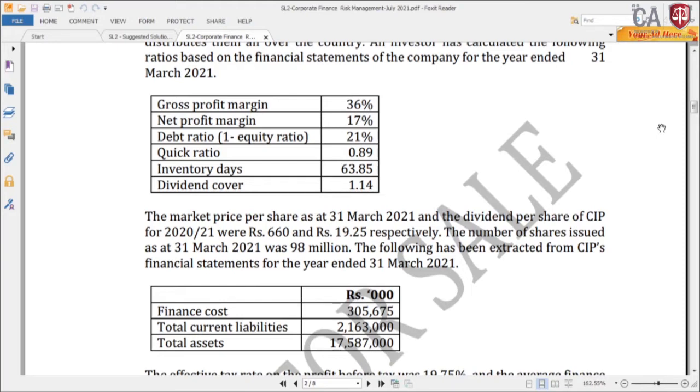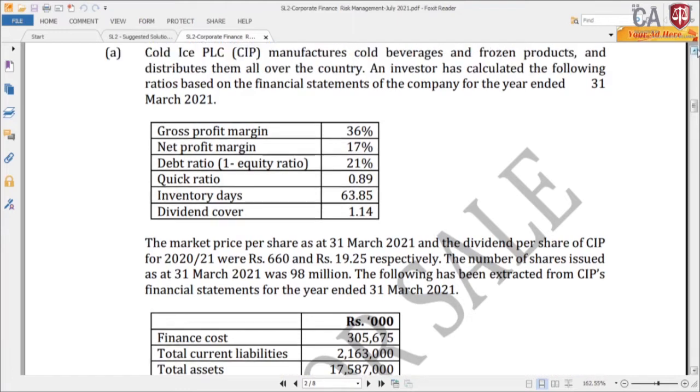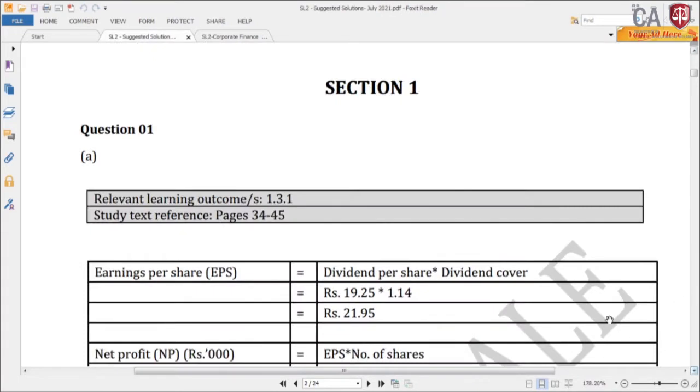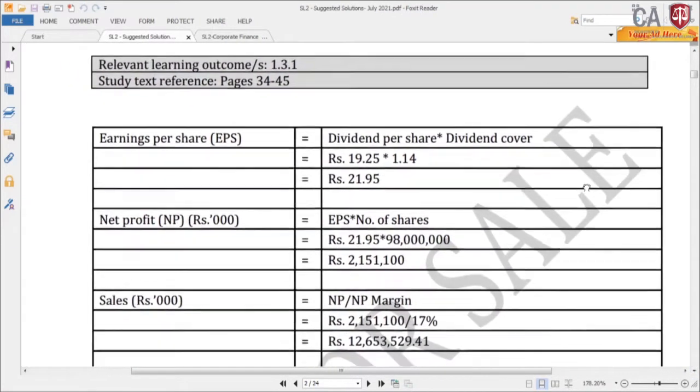Based on that we can think, okay, I know the dividend cover, so I need to find out how much profit I am going to have. I am just taking the suggested answer so that you can look at it.